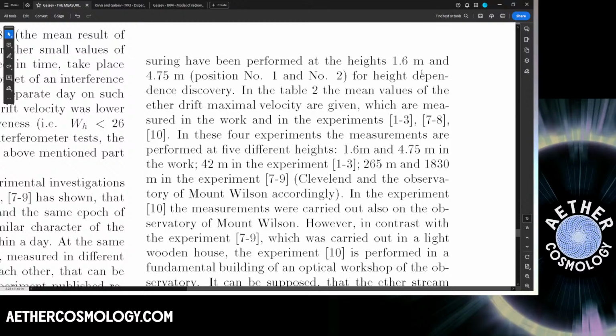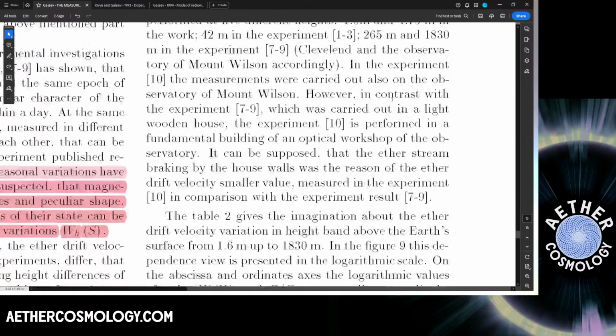In experiment 10, the measurements were carried out also in the Observatory of Mount Wilson. However, in contrast with the experiments of 7 through 9, which were carried out in a light wooden house, experiment 10 is performed in a fundamental building of an optical workshop of the observatory. It can be supposed that the ether stream breaking by the house walls was the reason of the smaller ether drift velocity value measured in experiment 10 in comparison with the results of 7 through 9.